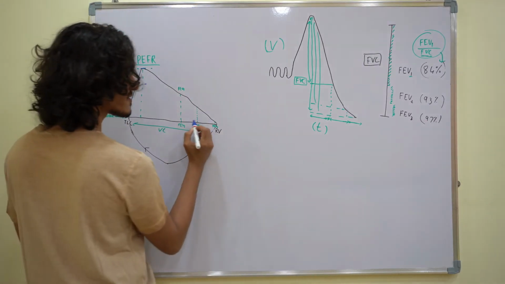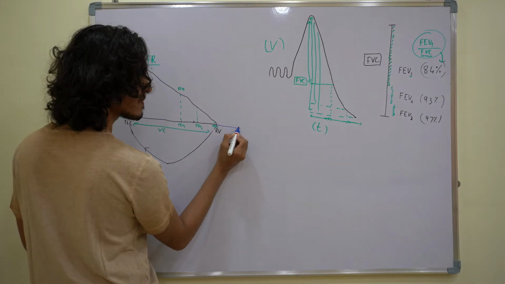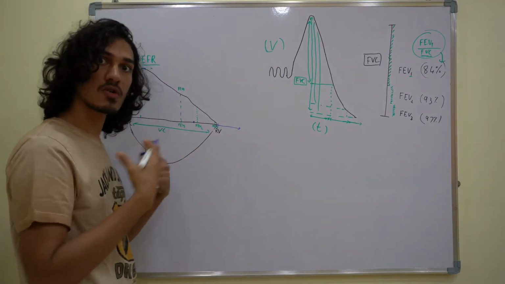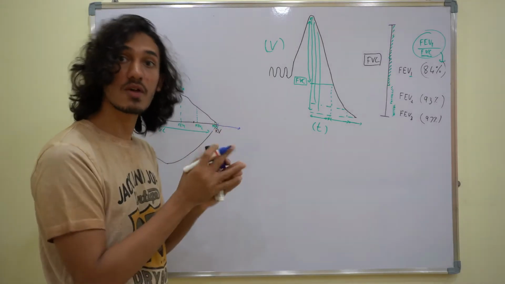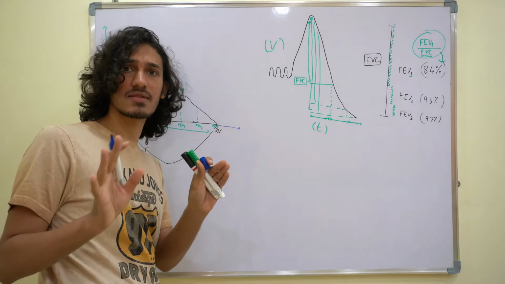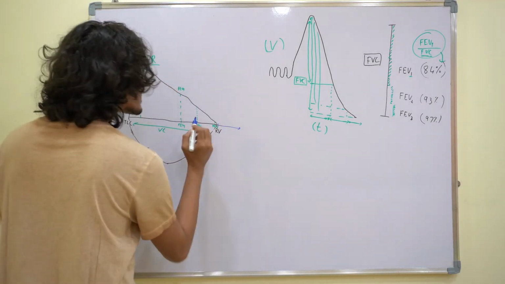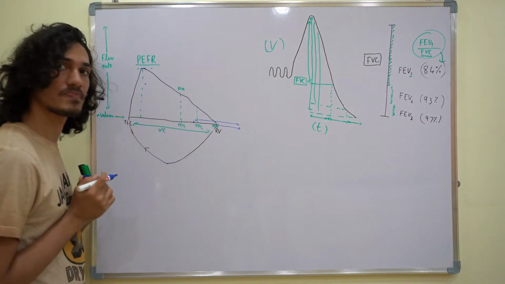So instead of it ending here and this being the residual volume, now there is more retained volume remaining at the end of expiration because of the collapse in chronic obstructive diseases or any obstructive disease. So because of the air trapping, this will be the new residual volume.